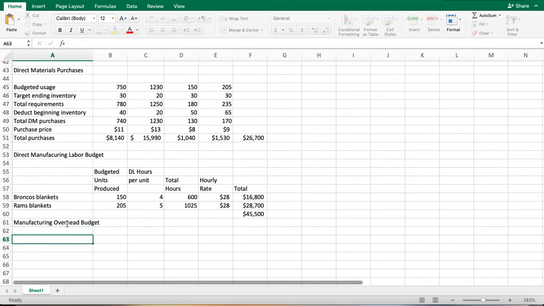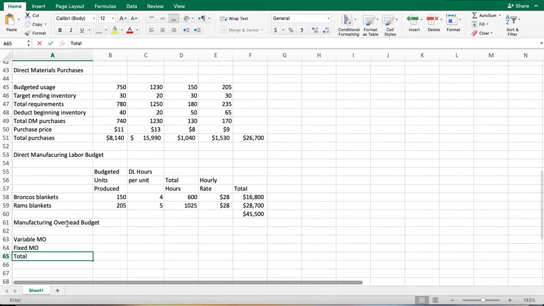So we've got direct material, we've got direct labor, and now we have our manufacturing overhead budget. When you do a master budget, there's a lot of components that you have in it. So we've got our variable manufacturing overhead, we've got our fixed manufacturing overhead, and then our total manufacturing overhead. Our variable manufacturing overhead is again given to us in the problem. They tell us that budgeted manufacturing overhead, both variable and fixed, is allocated to each blanket on the basis of budgeted direct manufacturing labor hours per blanket.